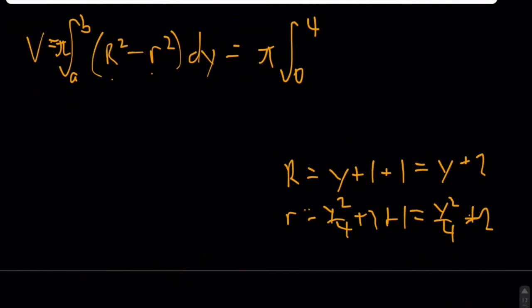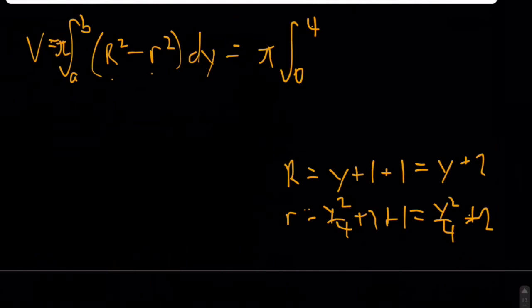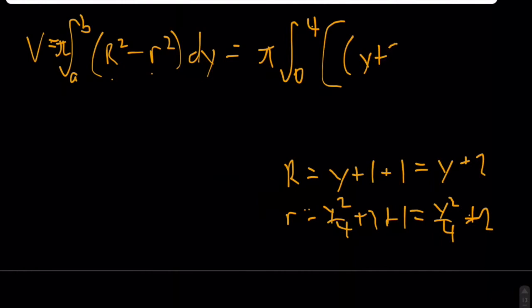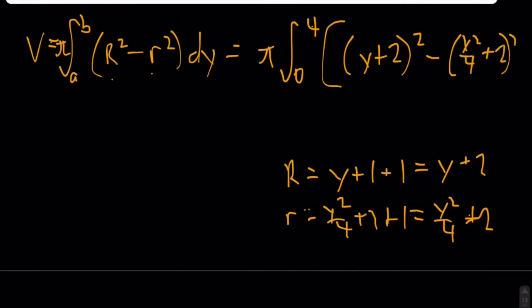So this would be pi times the integral of 0 to 4 times R squared. So we know big R squared would be y plus 2 squared minus y squared over 4 plus 2 squared.